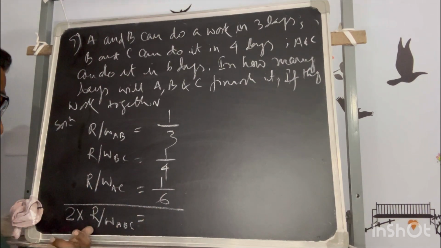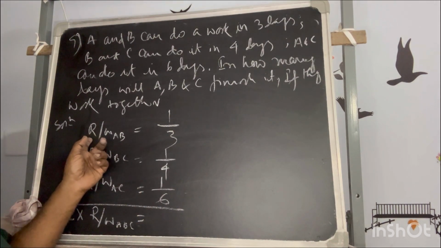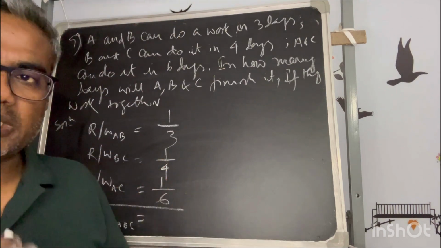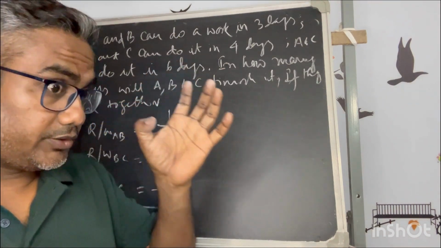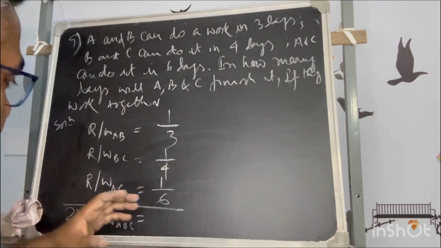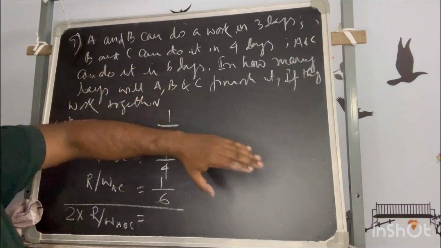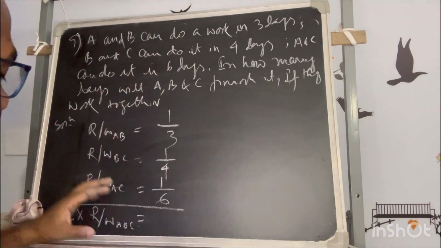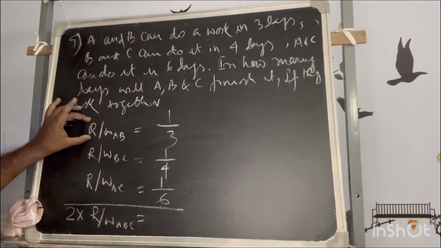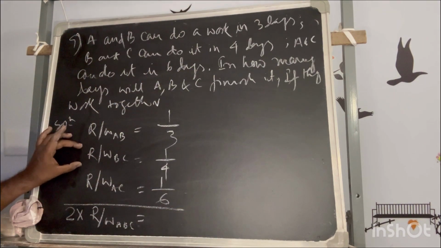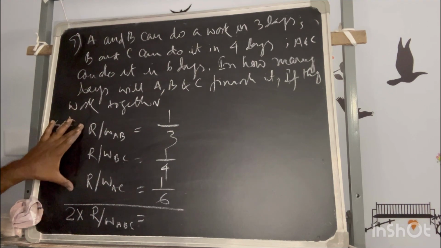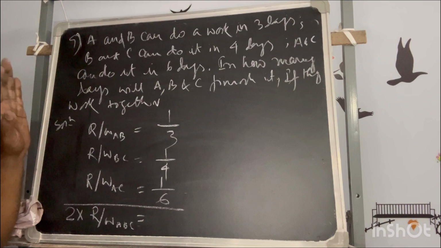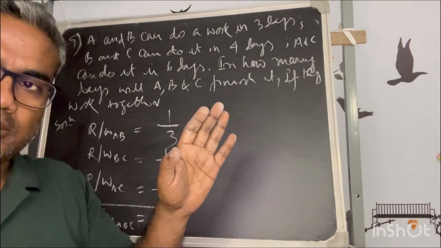This is the same as what we would calculate in an alternate method by handling so many equations. Rather, if you think very easily, using your head or common sense, here A and B are coming together, here B and C, here A and C. So if I club all this, it will be twice all three.